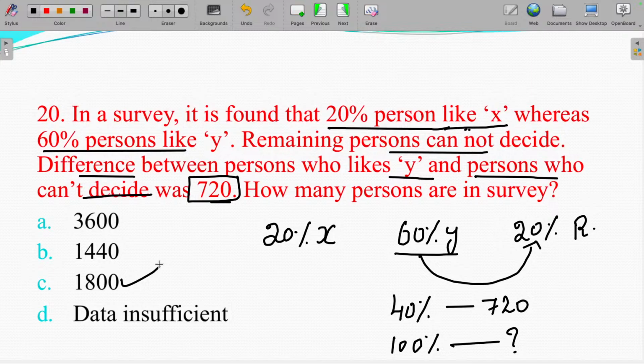Write on this and do it. Good. Now she replied 1800. Good. Shall we move to the next question?